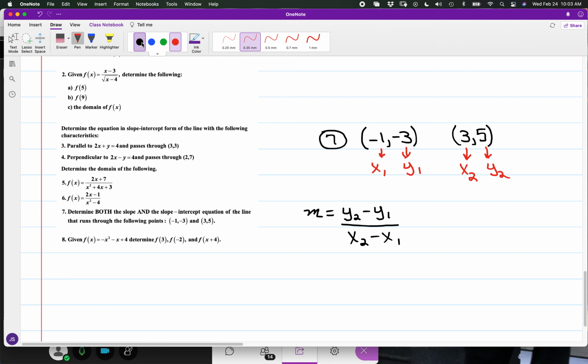With this information already stored, for y2 minus y1, y2 we have at 5, then subtraction of y1, we have at -3. For x2 minus x1, x2 again we have at 3, and again subtraction, x1 we have at -1.